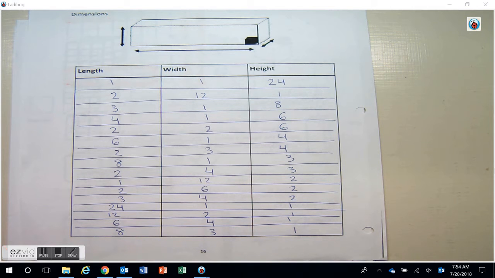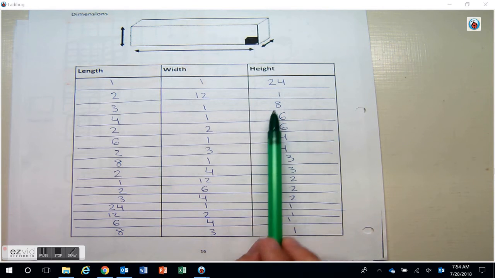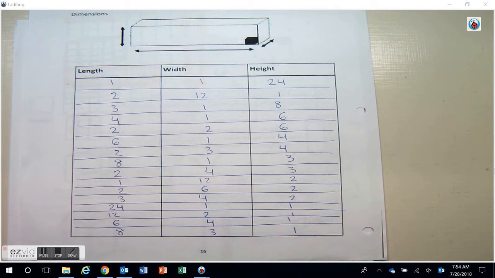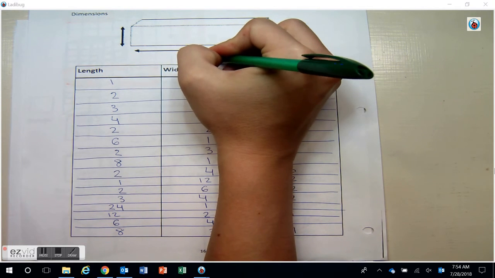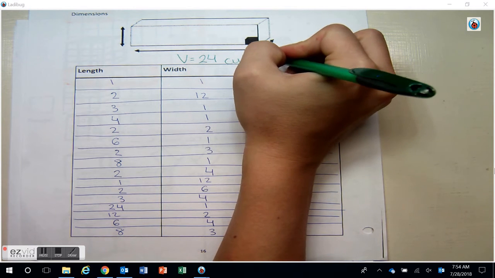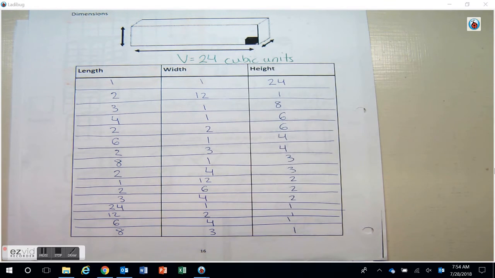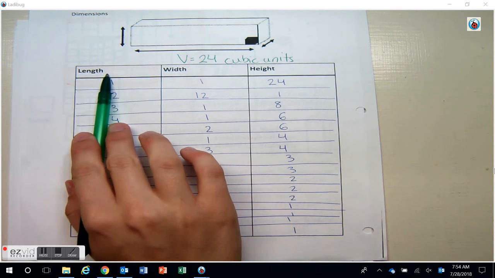Okay, now I told you at the beginning of our lesson, our goal is to find the formula for volume. So, if I'm finding the volume formula, let's look at something we've worked at before. We know that we're going to use the dimensions in our formula.